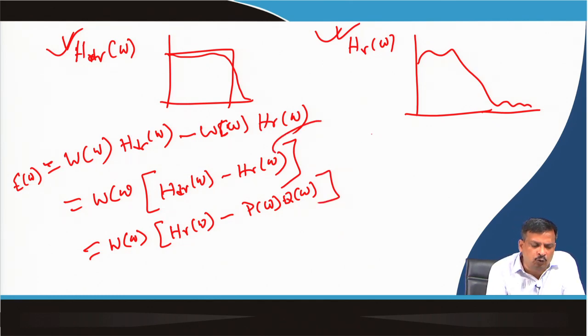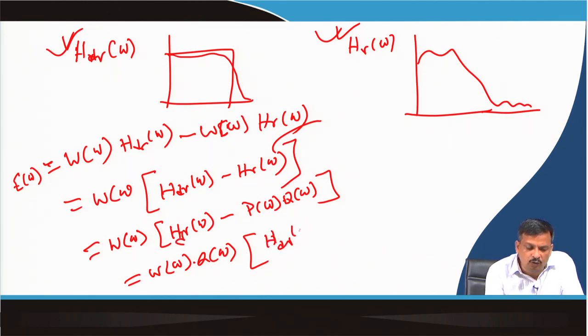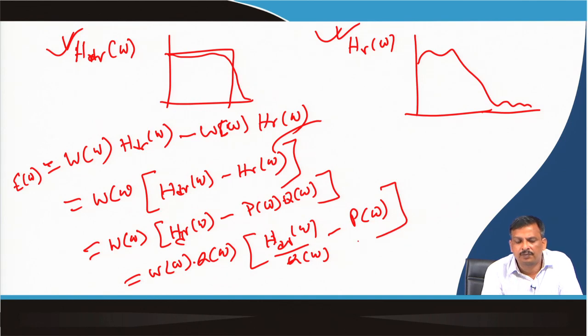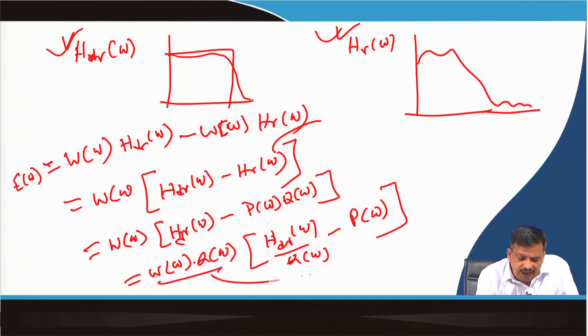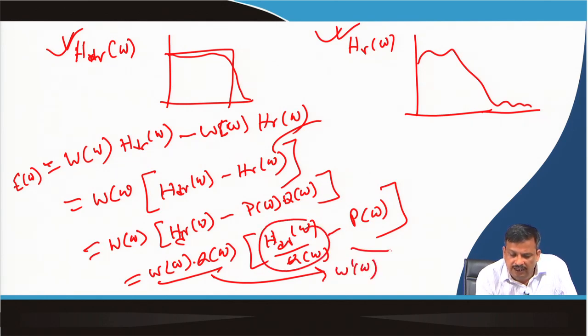So, if I take Q(ω) outside, W(ω)Q(ω) times (H_dr(ω) divided by Q(ω) minus P(ω)). Now, I say this one is W-hat(ω) and this one is H_dr-hat(ω).